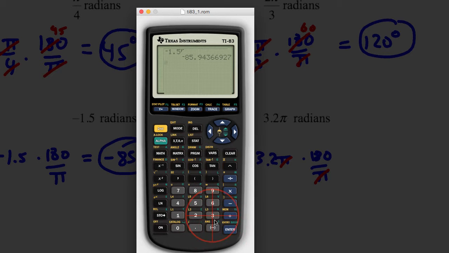We'd put 3.2 pi. The pi sign is right there, so I hit second and this up sign, and then I want to change the angle to radians, which is the third one, so hit 3, and if you hit enter, you'll get your answer, and it is 576 degrees.